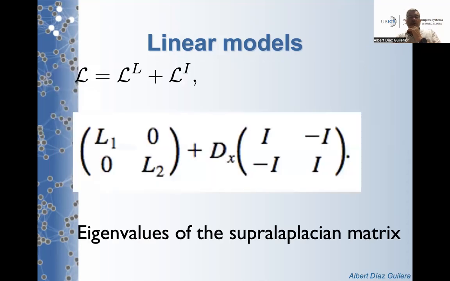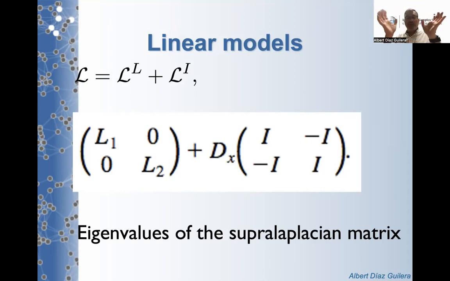Well, basically the idea when we were dealing with these linear models is that now, instead of looking at the system in this more complex 4-rank object, the idea is to make a kind of unfolding of this information and then put it in terms of what has been called the supra-adjacency matrix or the supra-Laplacian matrix.